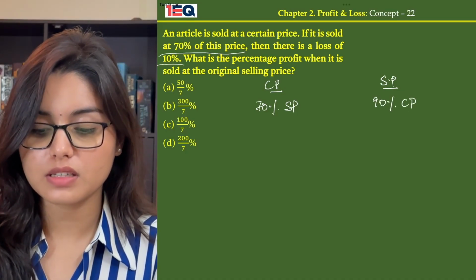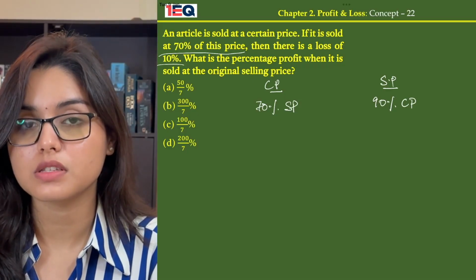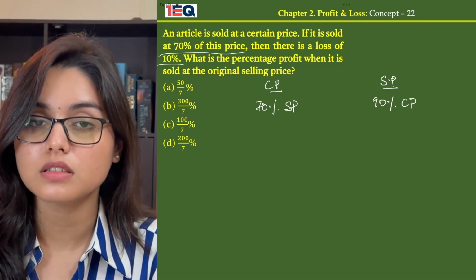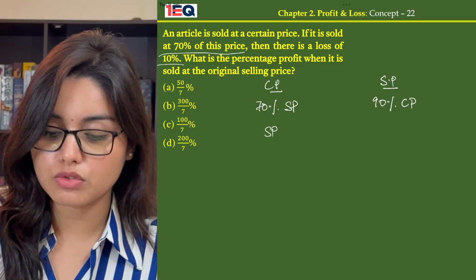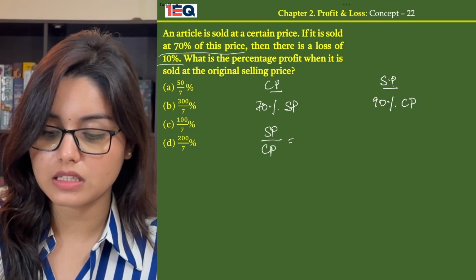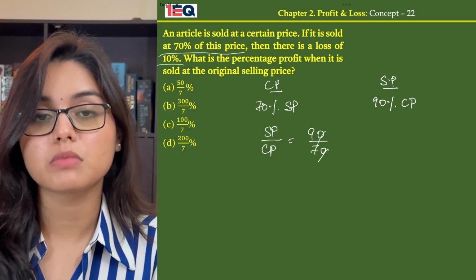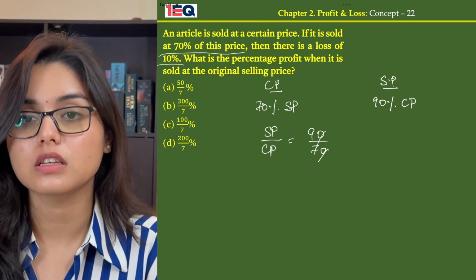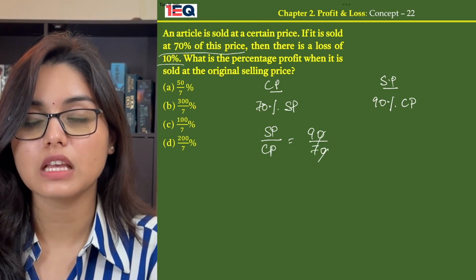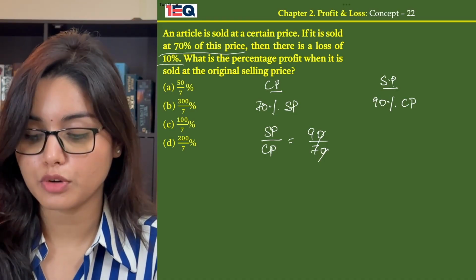Now, if you are selling something at a loss of 10%, that means you're selling it at 90% of CP. Now, taking the SP to CP ratio, we get 90 by 70, that is 9 by 7. Now, if the cost price of an article is 7 and we sell it at 9, how much is the profit?